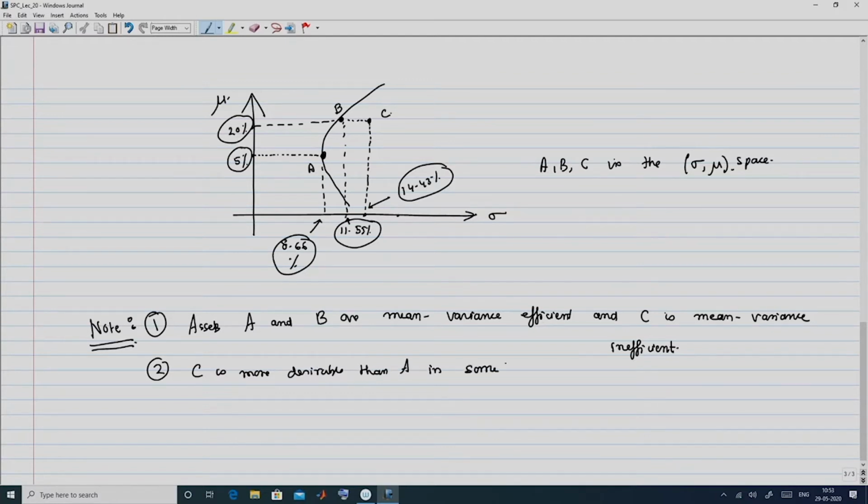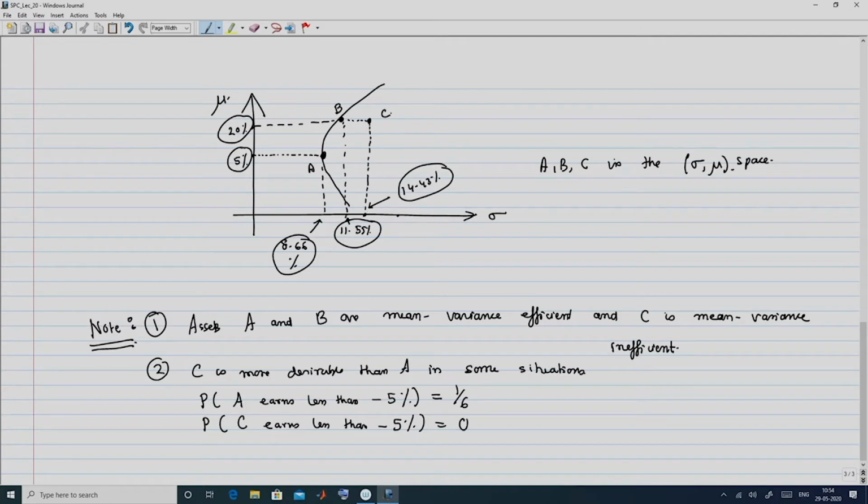So, even though C is inefficient and A is efficient, even then C is going to be more desirable than A in certain situations. So, for example, to illustrate this situation, what is going to be the probability that A earns less than minus 5%? This probability is going to be 1 over 6, but what is the probability that C earns less than minus 5%?